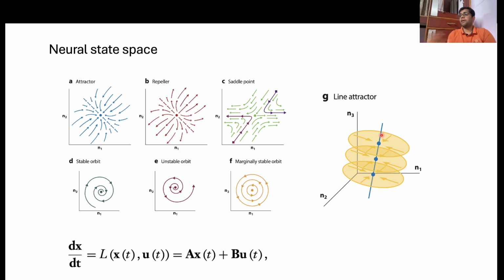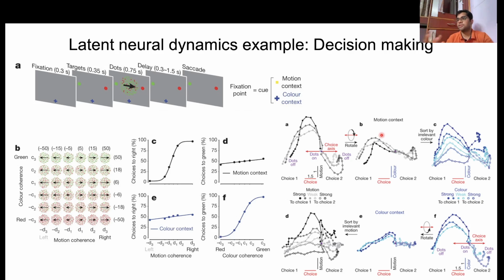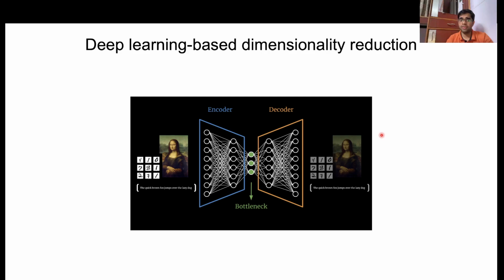For motor behavior, you just need a population average, but for attention or working memory, you need some method. Even in decision making, it's not just simple population activity. You have to reduce the dimensionality using PCA and regression. Recently, because of deep learning, we can get even very informative latents. What happens is you have an encoder network, some deep network layer.